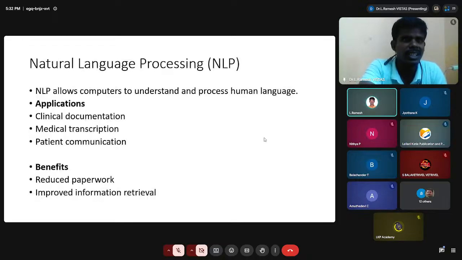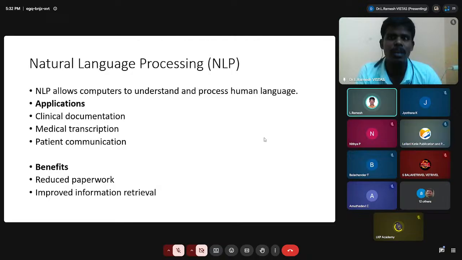And fourth one, natural language processing, NLP. So NLP allows computers to understand and process human language. So what is the human language involved in the particular field or particular process?